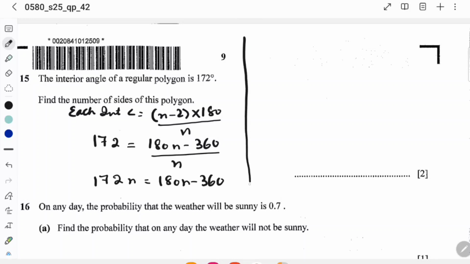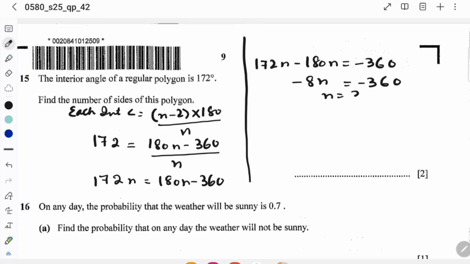Now we will write 172n minus 180n is equal to minus 360 degree. So the difference of 172 and 180 is minus 8, minus 8n equals minus 360, and n is equal to 360 over 8. 4 8s are 32, and then 4 left, then 5 times 8 is 40. So 45 sides is the value for n, 45.